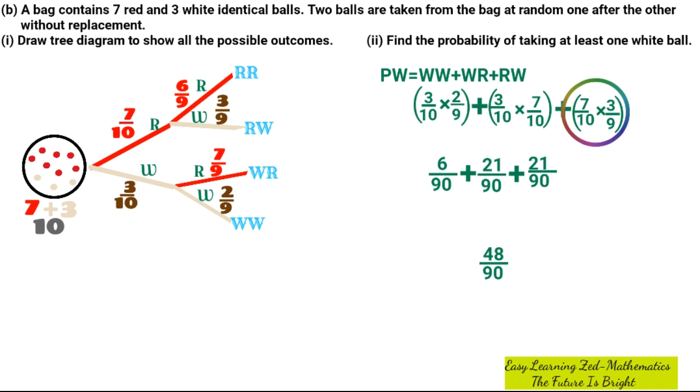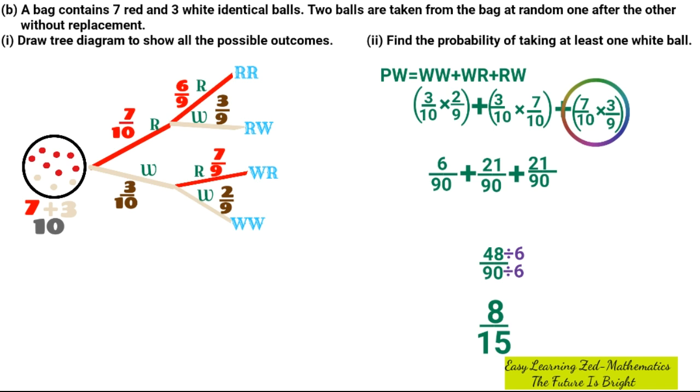Divide by 6, divide by 6. 48 divided by 6 will give us 8, and 90 divided by 6 will give us 15. So 8/15 is the probability of picking at least one white ball.